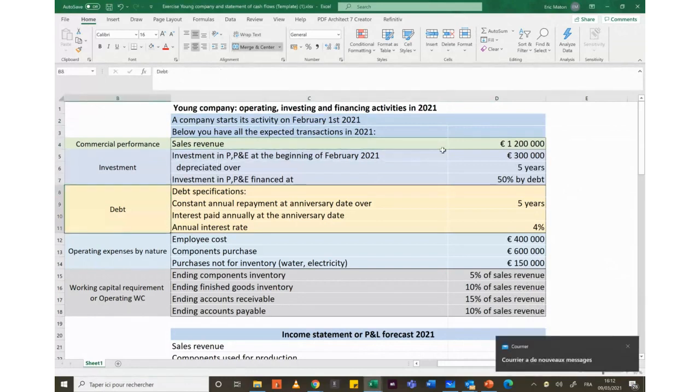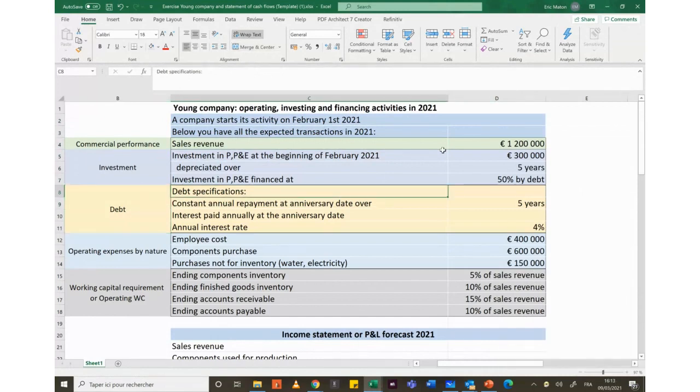We started debt at the beginning of February, financed by debt, so we start the debt at the same moment that we have the investment. We have some information about operating expenses. We have information about the working capital requirement. So here you can use directly the data.